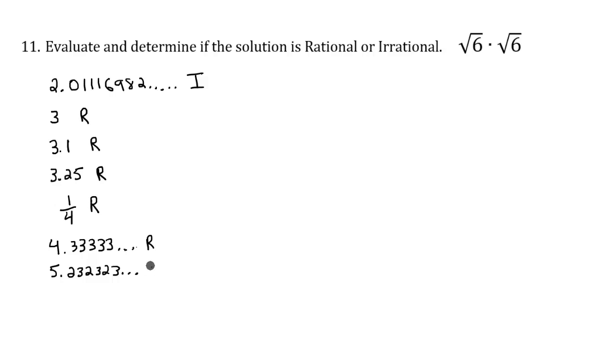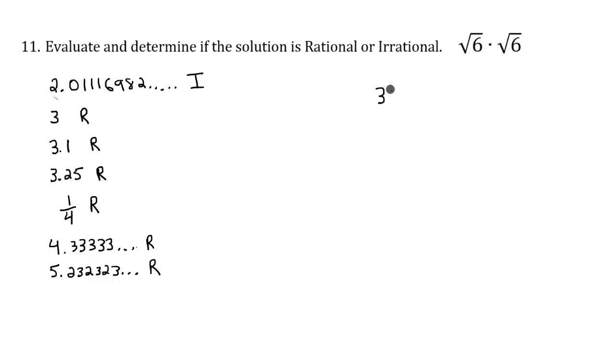So let me mark R and R. Really, the only time that we have an irrational number pretty much is when you have some sort of number with decimals that just keep going on forever with no particular pattern.